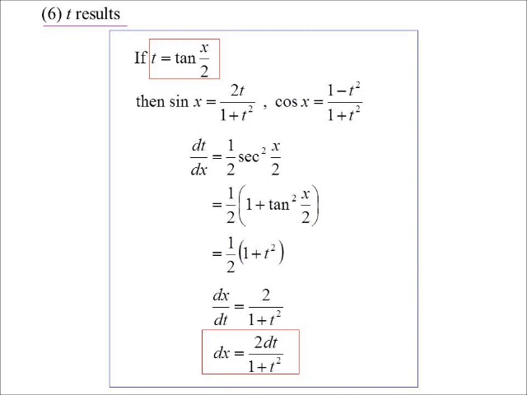So that's our t result for dx. You don't have to derive it each time. Just like we quote the t result for sine x and cos x, we can quote the t result for dx as well. So why it's useful for sine x and cos x substitutions is you'll notice all three things have the same denominator. So it makes the cancelling and the fraction very easy.